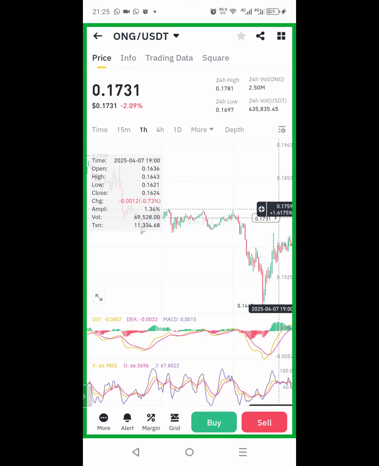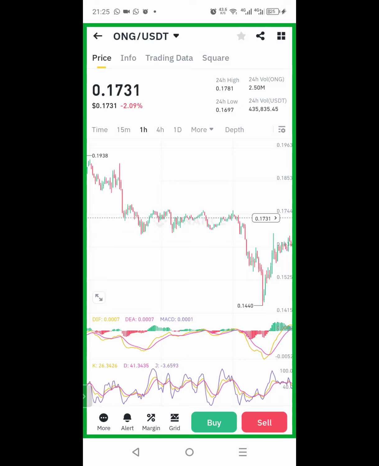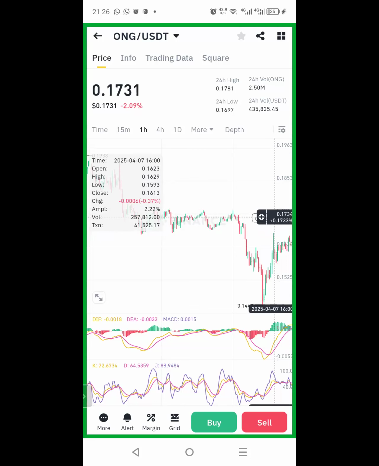That means the difference between the highest height and the lowest low is 2.6 plus 1.6, that's like 4.2%.